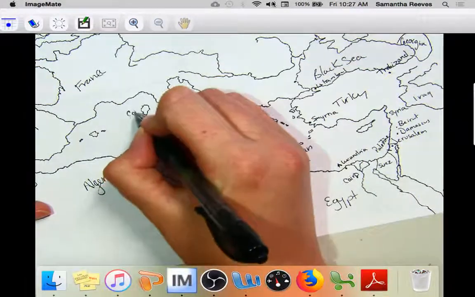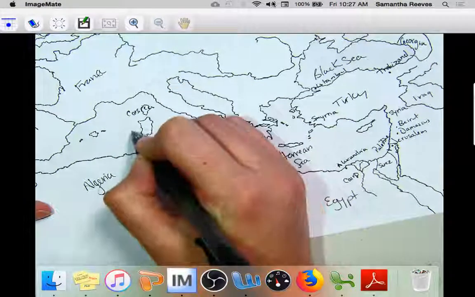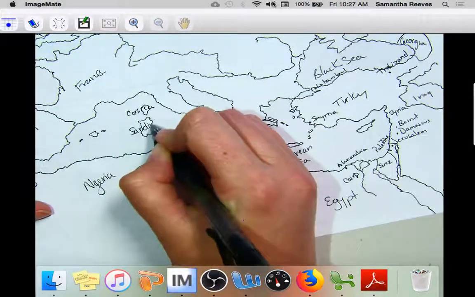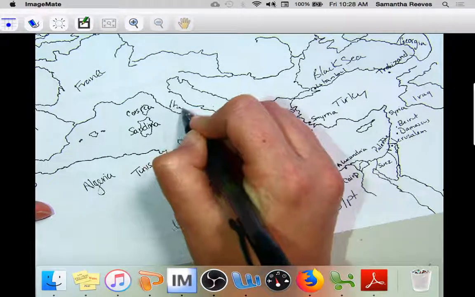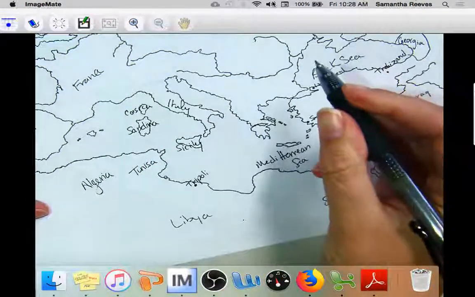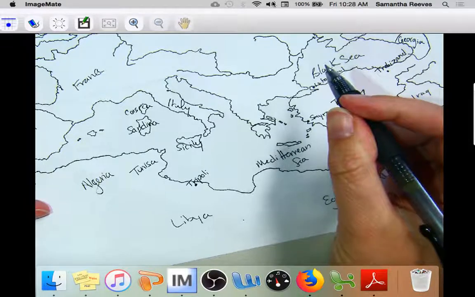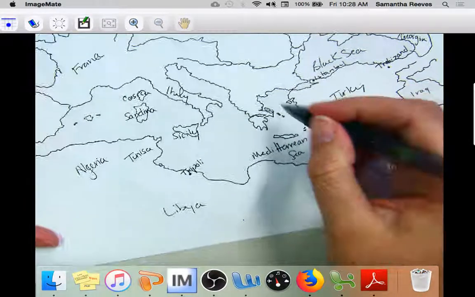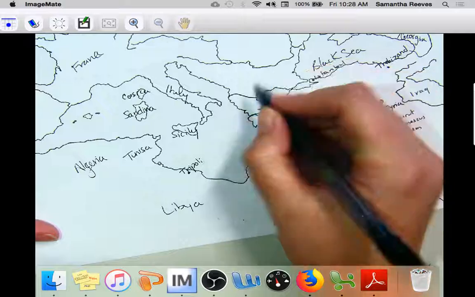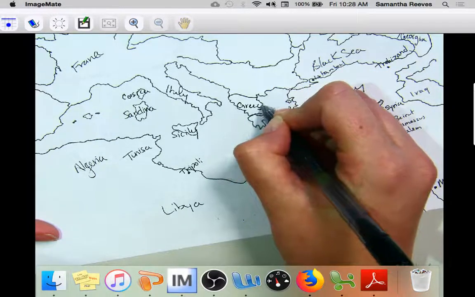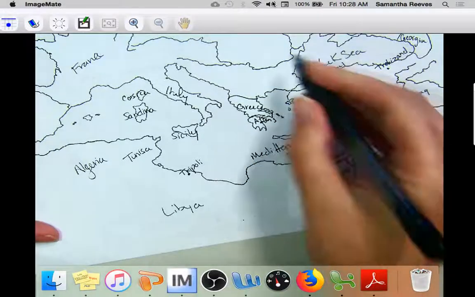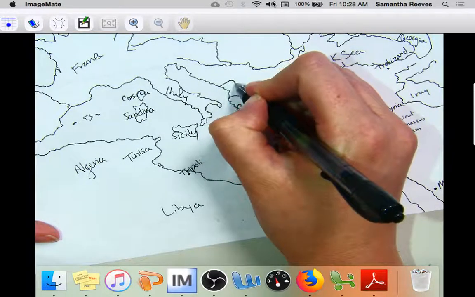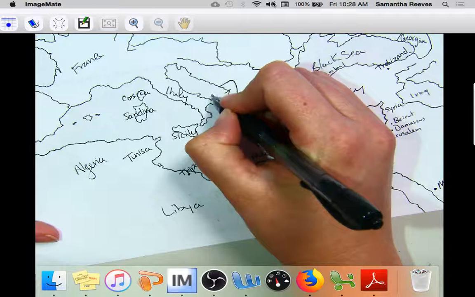Corsica. Sardinia. Sicily. Italy. Greece. Athens. Albania.